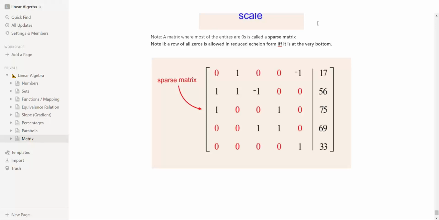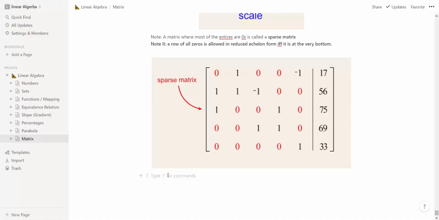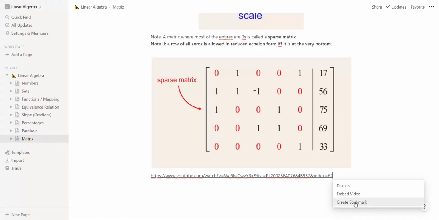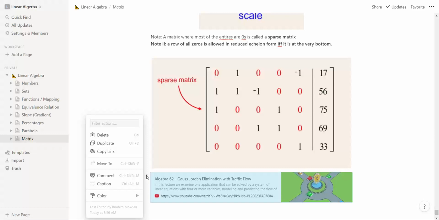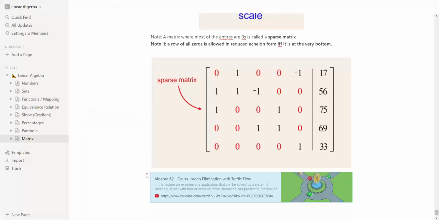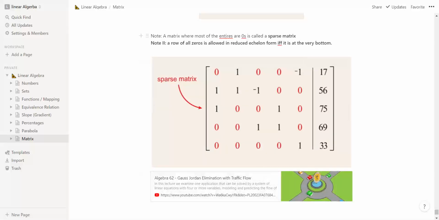Now I'm not sure if you have, say, 2 rows at the very bottom that are zeros, how that is going to be solved, but that's that. And we should add the link here. It's a bookmark. There's a nice set of examples. Yeah, okay.